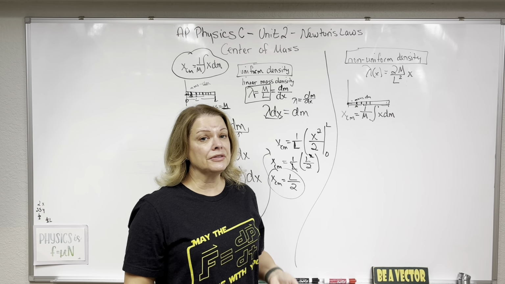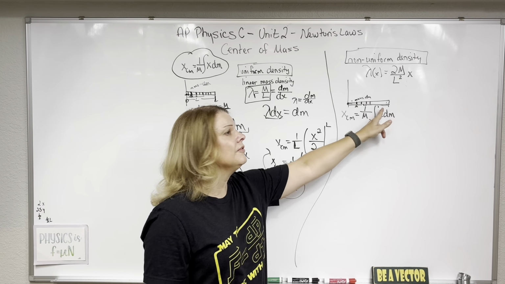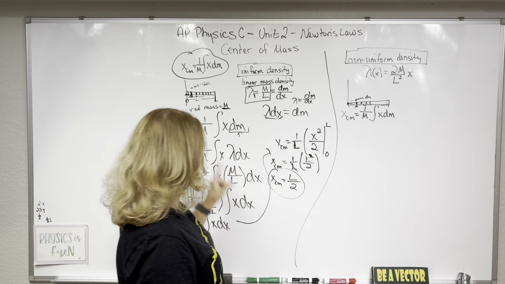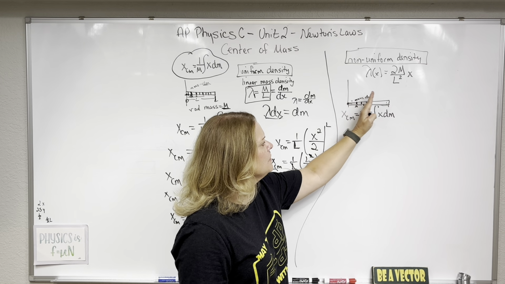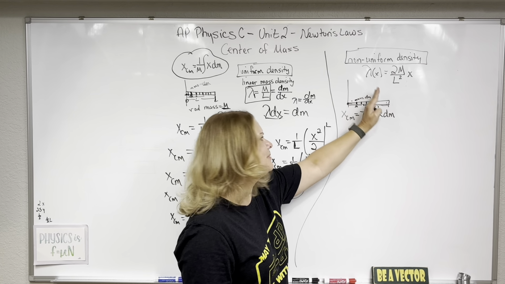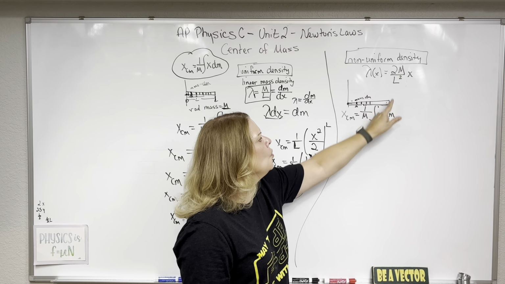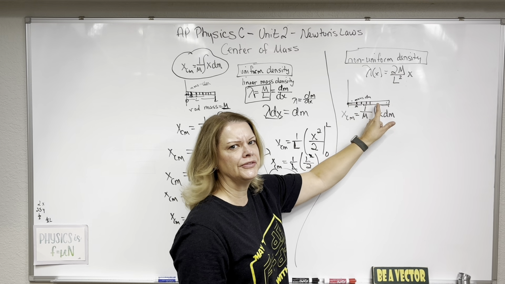Okay, now we're going to look at this non-uniform density rod. And what does that mean? It means we have a rod, just like we did before, but instead of center of mass being at L over 2, right in the middle, center of mass is actually going to be shifting over to the right, because this is non-uniform density.